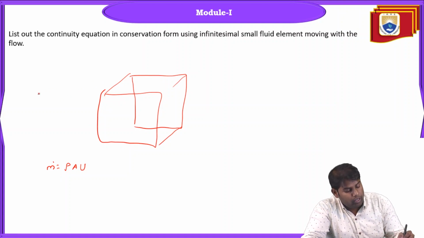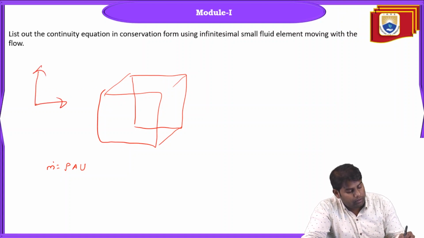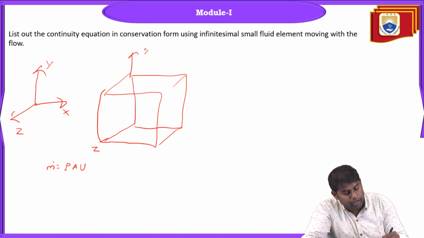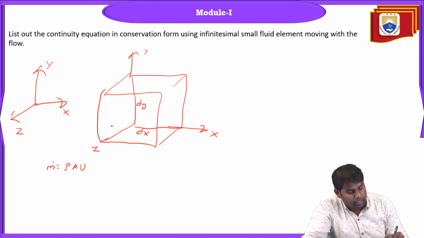Here, if you take the coordinate axes, you have x, let us take this as y, this is z. Since you have vertical, this would be z, this would be y, and this would be x. Here this is dx, this is dy, and this is dz.